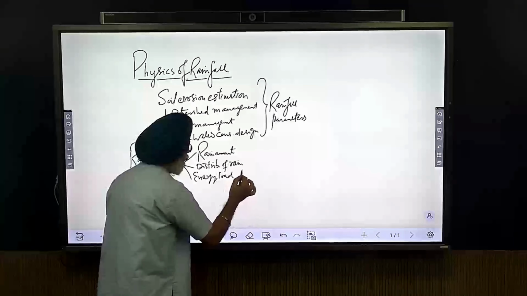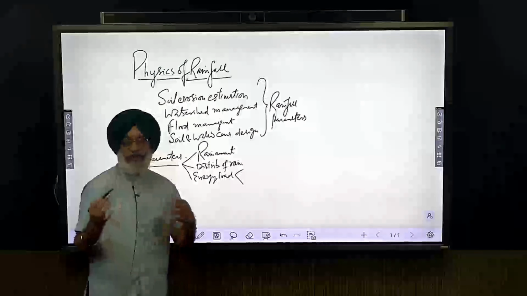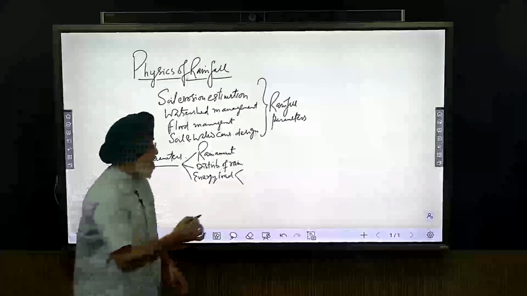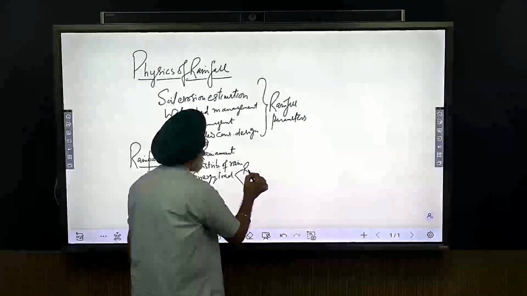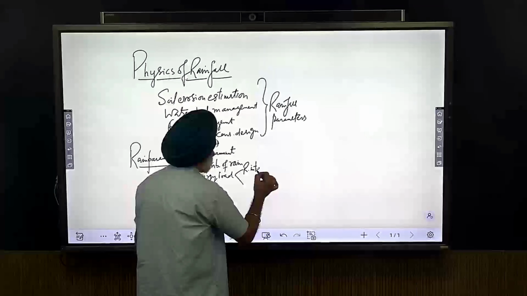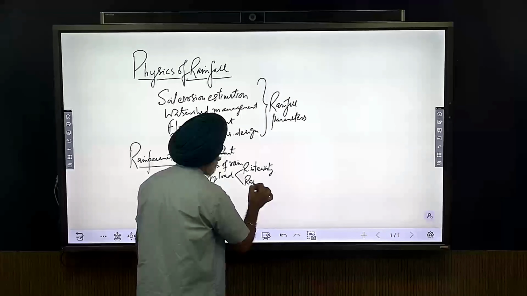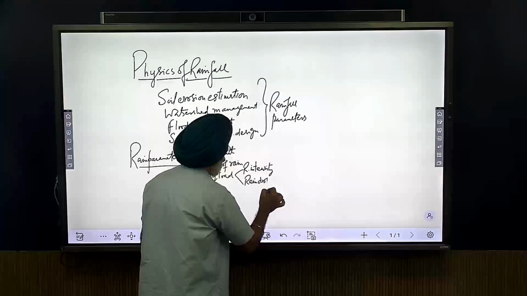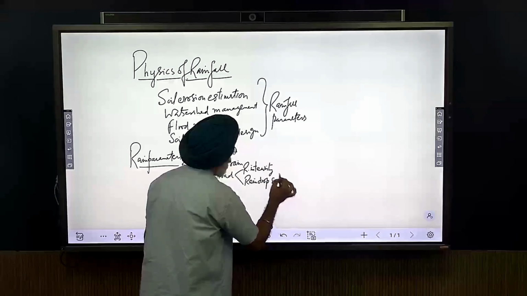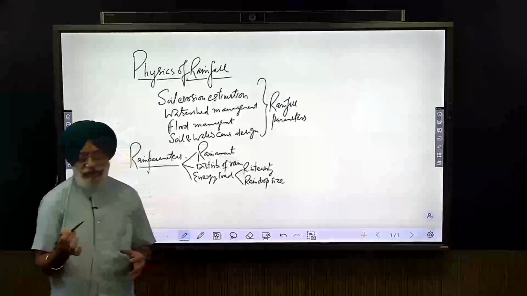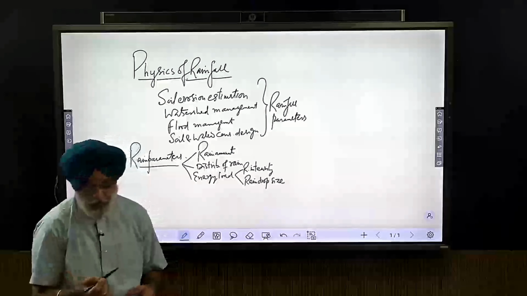So, energy load will depend upon the intensity of the rain. What is the velocity of the rain? Rain intensity as well as rain's drop size. So, we will be studying these parameters one by one over here.